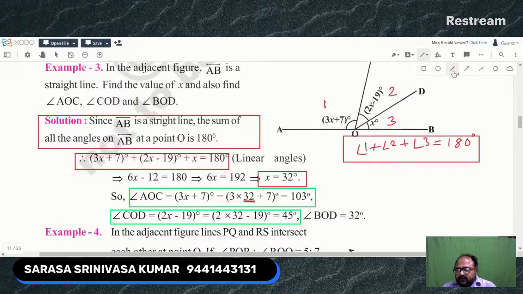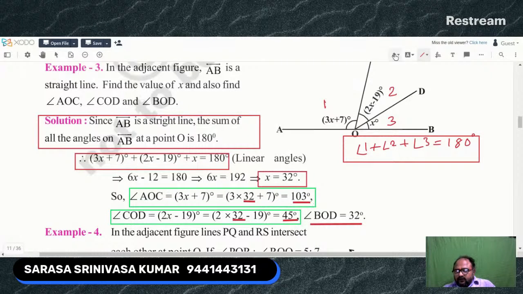If you write 32 degrees in place of x, then you can get angle 2 equal to 45 degrees. This is angle 2 equal to 45 degrees, angle 1 equal to 103 degrees. And what is angle 3? Angle 3 is equal to x. Angle 3 equal to x, you need not simplify this.